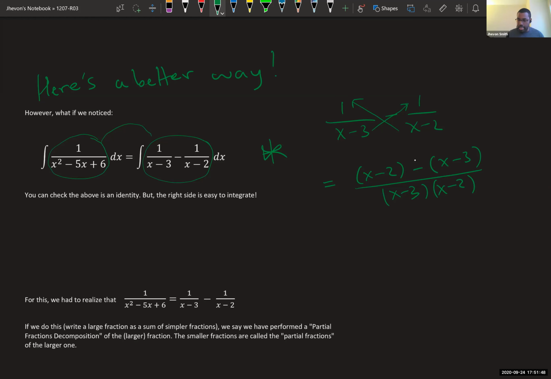When I simplify that, the x's cancel, and I would get 1 over this guy. So that's actually true. Let's say somehow you were to notice that for whatever reason. Hey, that's the same as this guy. It turns out that the integral on the left, this guy, is much easier.